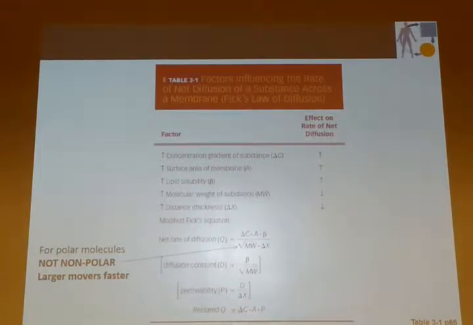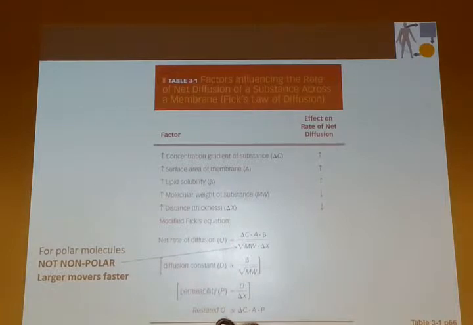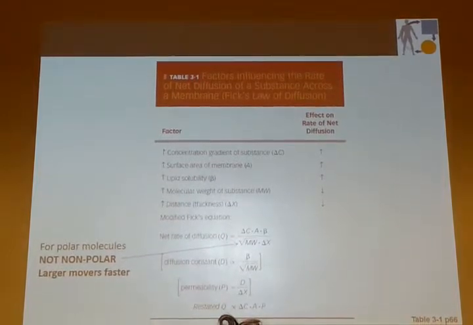The surface area of the membrane, if you want a lot of diffusion, you have to fold the apical plasma membrane, make microvilli there so that there's more available surface area for diffusion to happen.